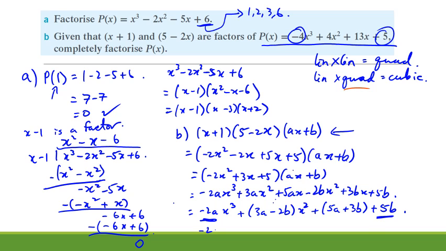So that means negative 2a equals negative 4, a is 2, and then 5b equals 5, so b is 1. That means p of x is going to be x plus 1, 5 minus 2x, and then we substitute a and b in now, which is 2x plus 1.